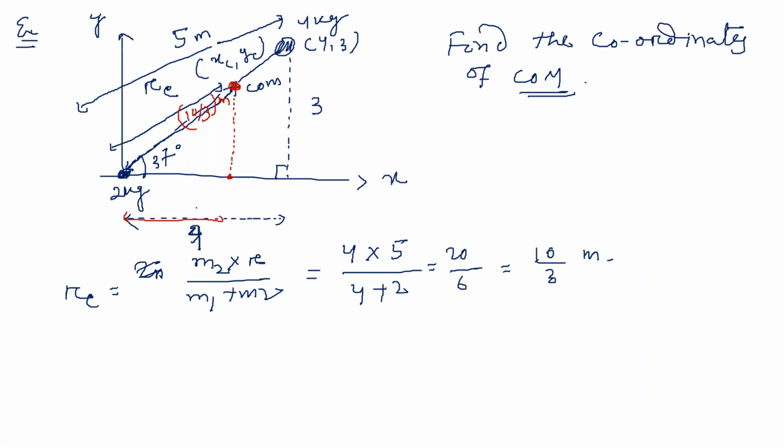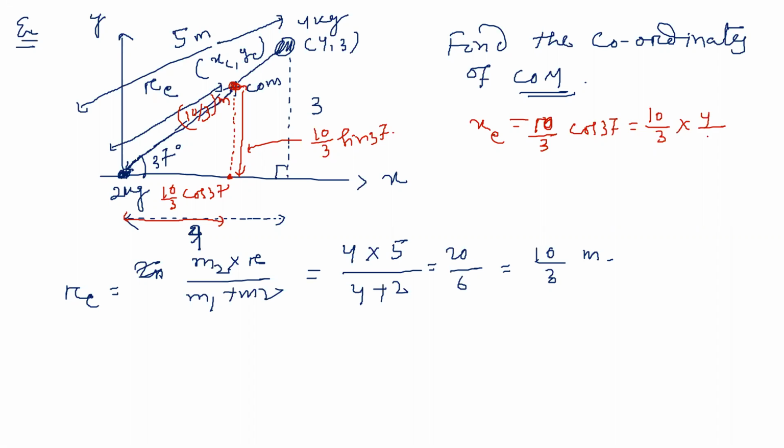Vector resolution: 10 by 3 cos 37. And this distance is 10 by 3 sin 37. Correct? So XC is equal to 10 by 3 cos 37, and cos 37 is 4 by 5. So 10 by 3 into 4 by 5 is 8 by 3.